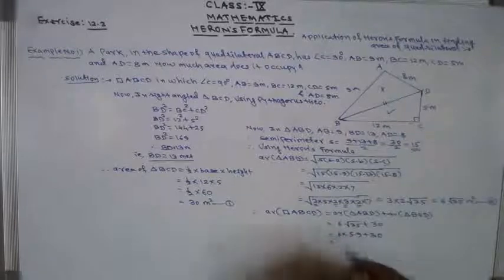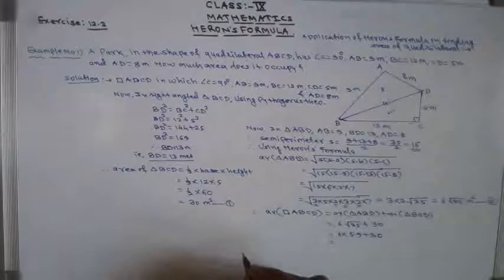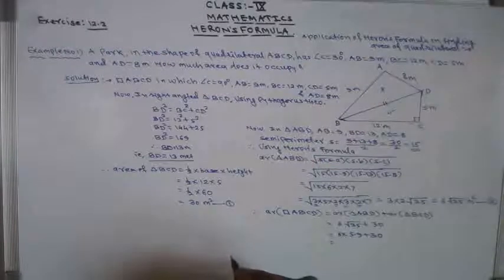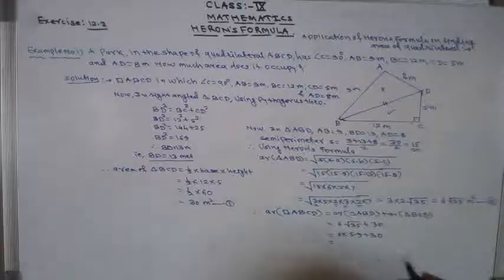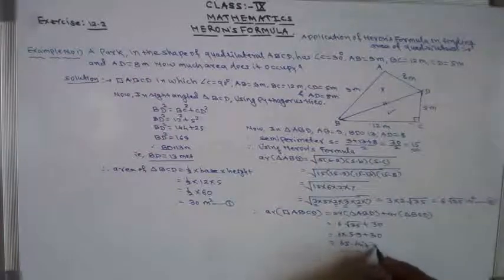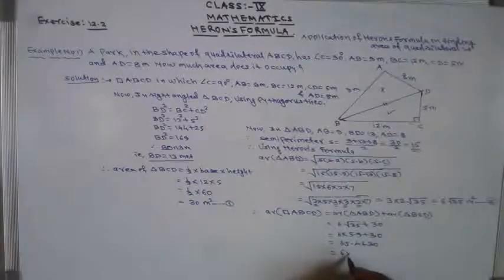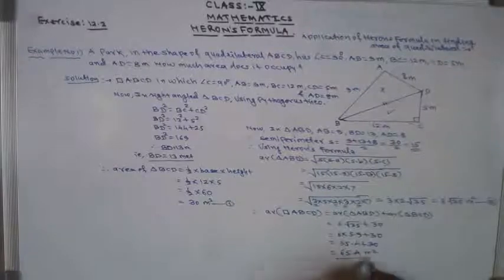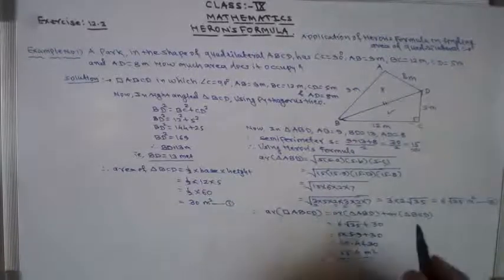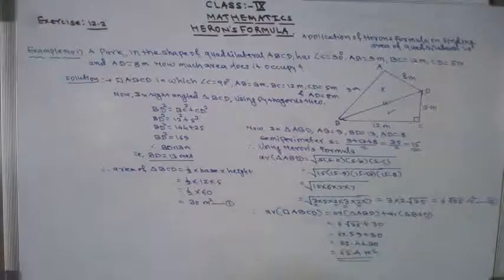So it comes to 35.4, plus this 60, which means the total will be 65.4 meter square. Therefore, the area of this quadrilateral ABCD is 65.4 meter square. So in this way we can find the area of the quadrilateral.